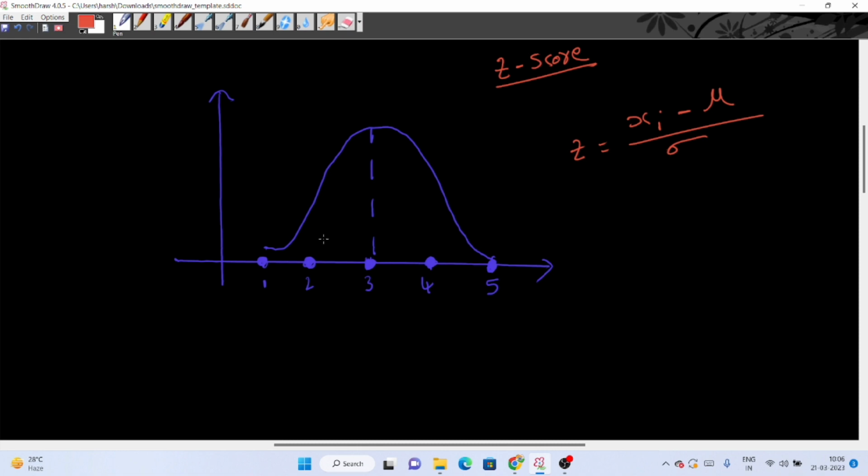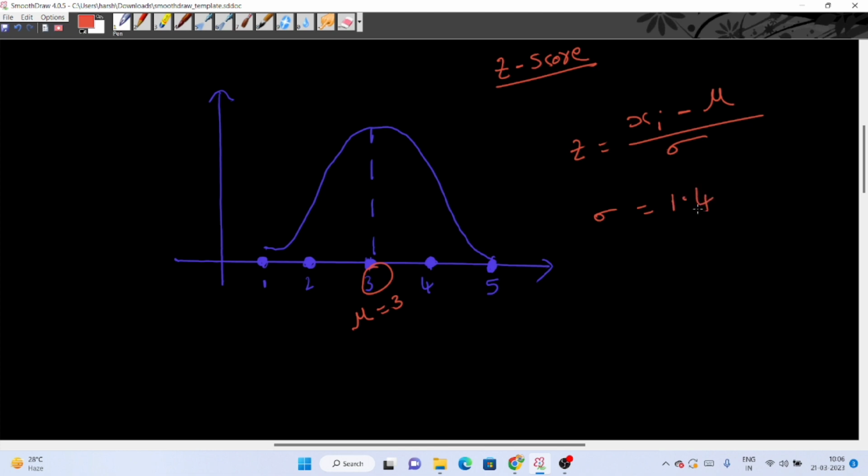Now let us take this kind of distribution where we have mean as 3. Here we have mean as 3 and the data has 1, 2, 3, 4 and 5. By calculating the standard deviation, I get the standard deviation for this data as 1.4.